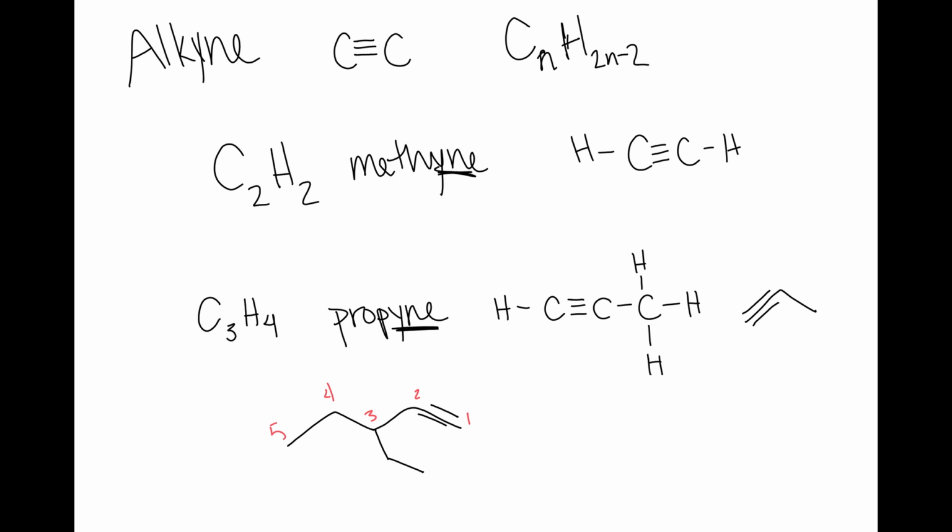The parent chain is pentane, but it has a triple bond, so it's pentyne. At carbon 3, I have an ethyl, because now I have 2 carbons that are attached to my chain of carbons. So this is 3-ethylpentyne.